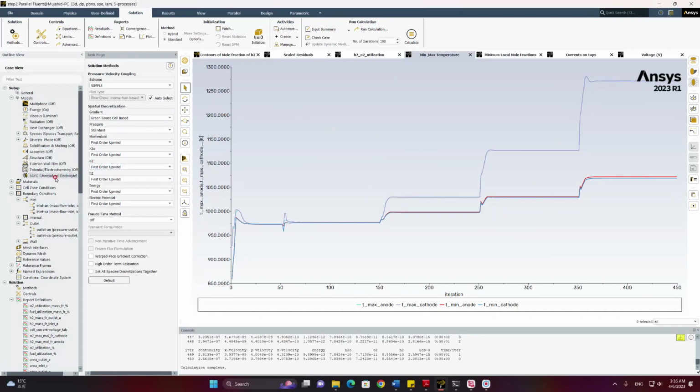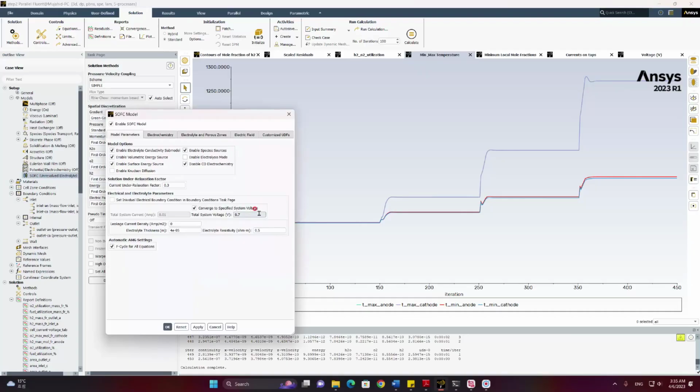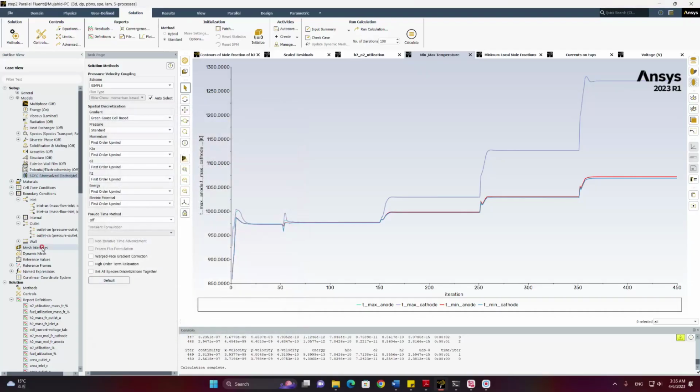Okay, now as the next step we will increase the load further to 0.6 volts and increase the fuel supply also.